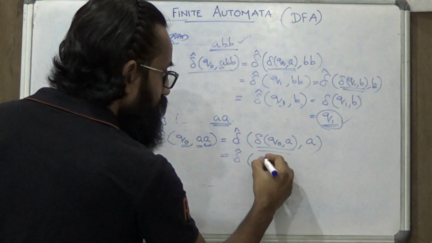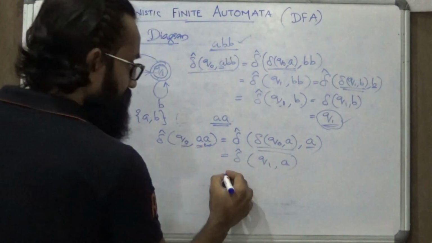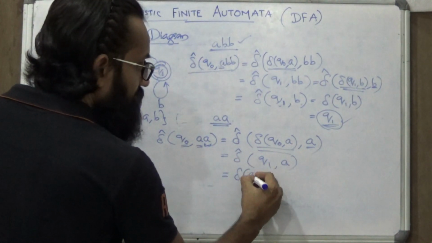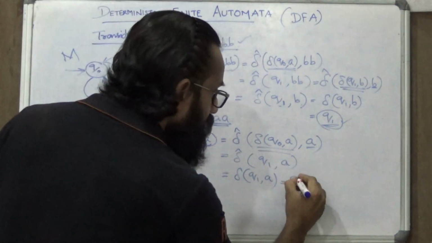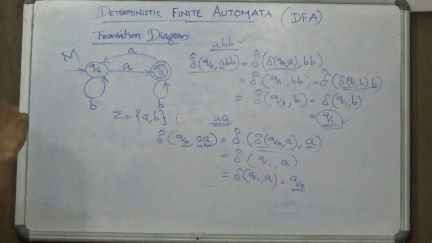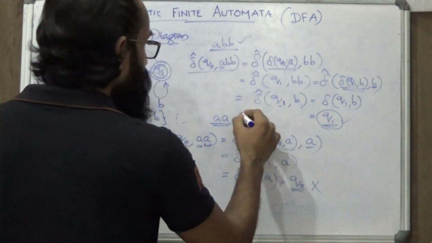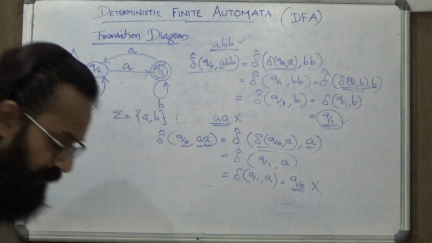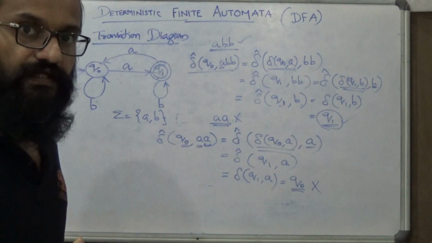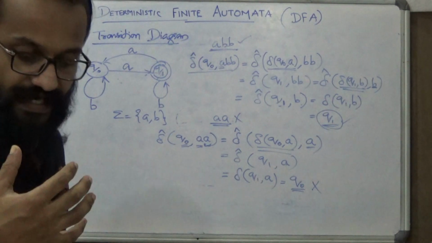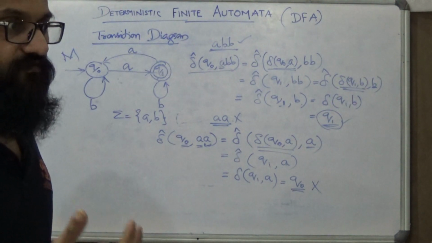Now what is delta cap of Q1, A? This is equal to delta of Q1, A. Delta of Q1, A is Q0. Check whether Q0 is a final state. Q0 is not a final state. So this string is said to be rejected. In this way you can use the extended transition function to formally show the acceptance of a valid string and the rejection of an invalid string.